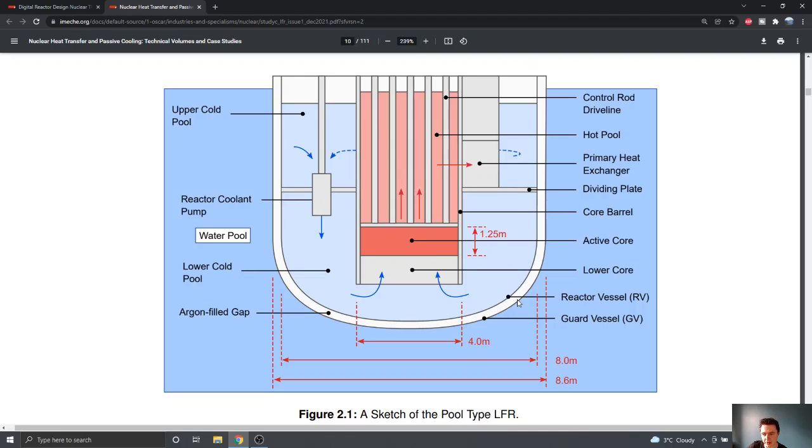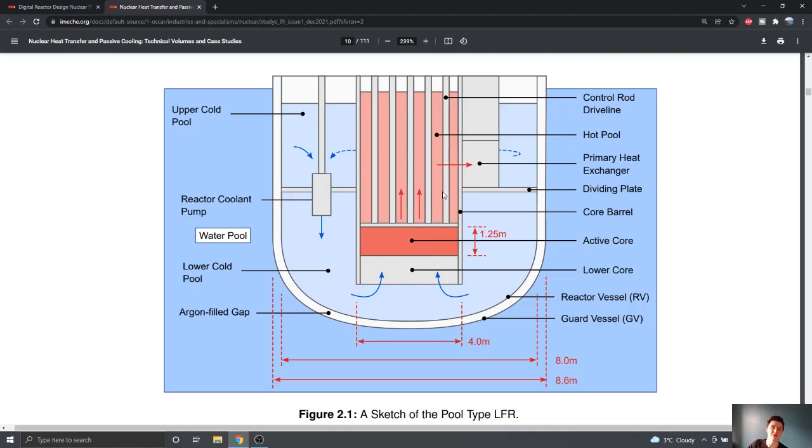And in this reactor design at least, there's a gap, and then there's a secondary containment vessel outside that primary containment vessel. So if there was a leak for some reason, then all of this primary circuit fluid is still contained within this shell of the primary circuit reactor unit itself.